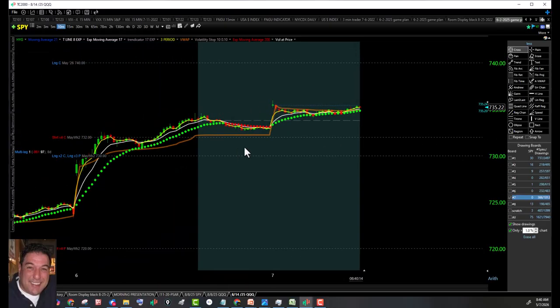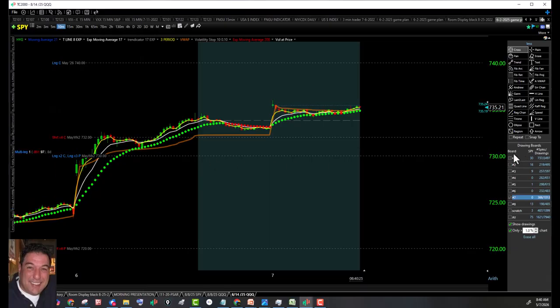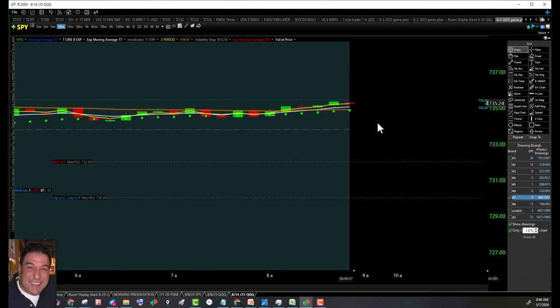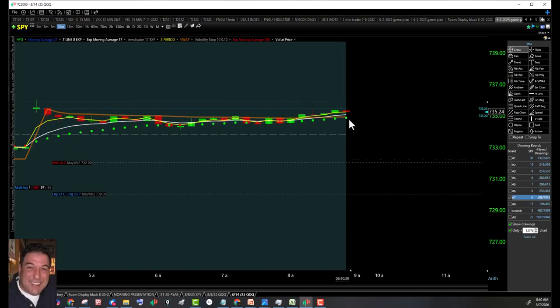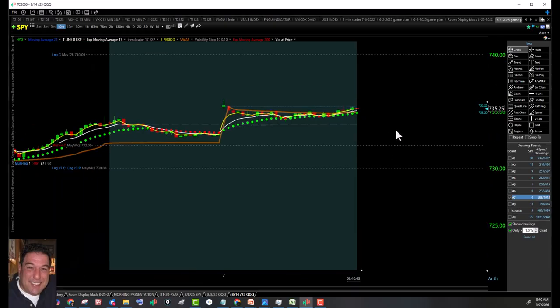Then I would look to take that down to this low right here, which happens to be 730.66. So 730 would be my target once I get past this VWAP. That's if we come down. I don't think we're coming down though. I think we're rising up so far. So far it's looking good, unless they double top it and then roll it over. So we'll see what happens.